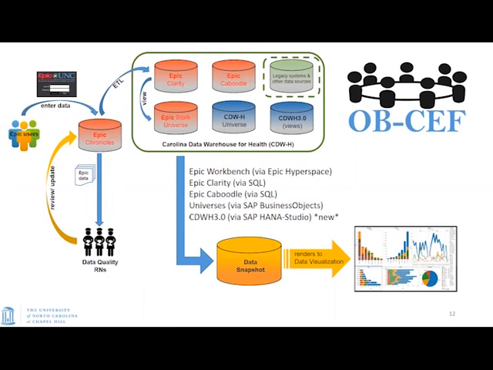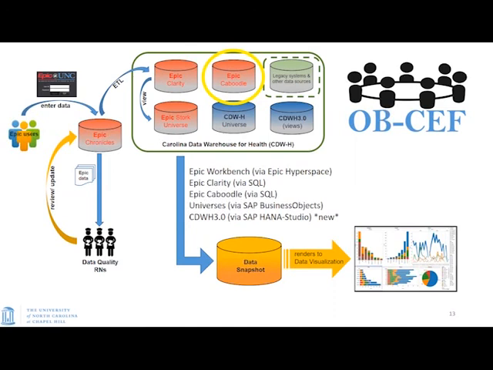So like Epic at UNC now, well, a new element in this strategy is Epic Caboodle. Epic Caboodle is the data warehouse that Epic is creating. I mean, Epic saw that hospitals are struggling with putting the right dimensions on the Epic Clarity data that is derived from Epic Chronicles every day.